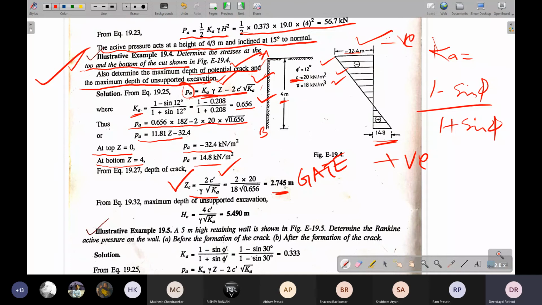This is the tension crack. That means, look here, the tension crack will occur at a deeper depth, more than half of the depth. There may be chances of tension crack, potential tension crack.